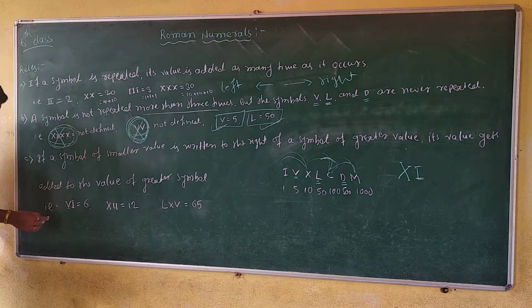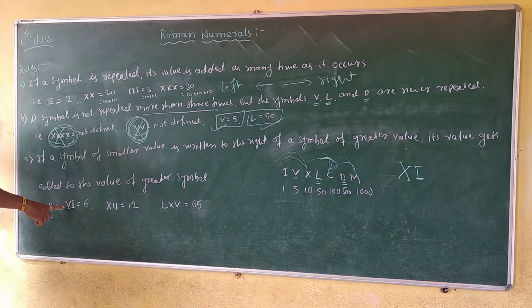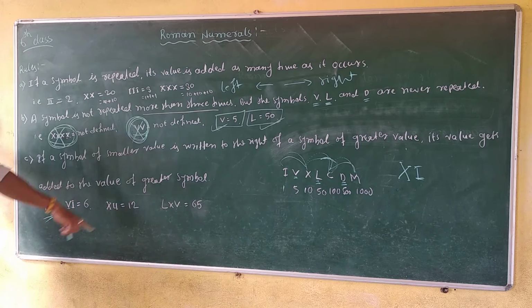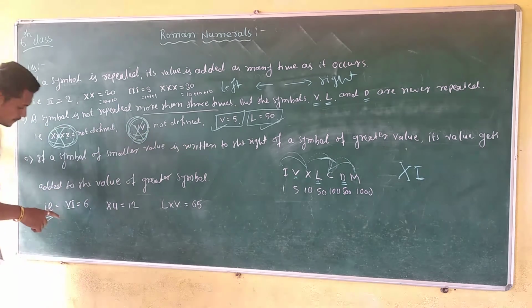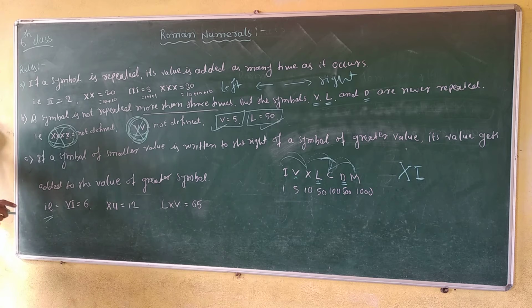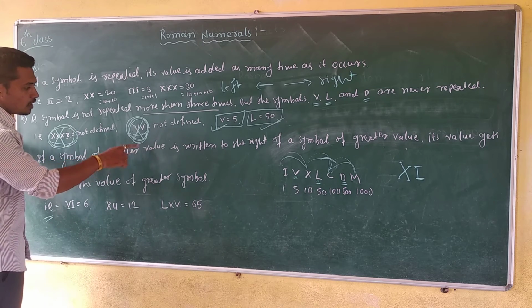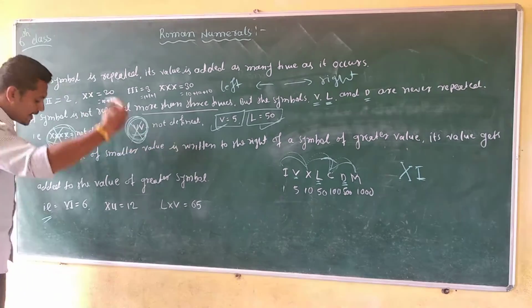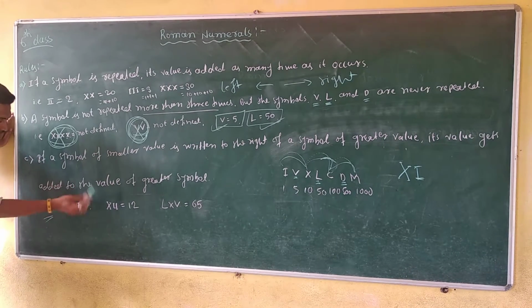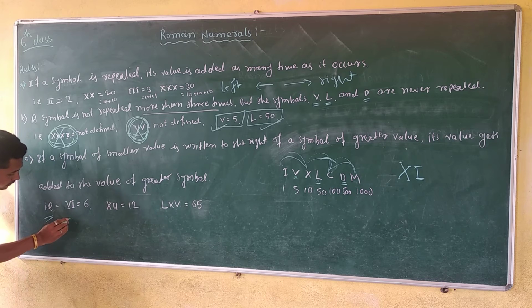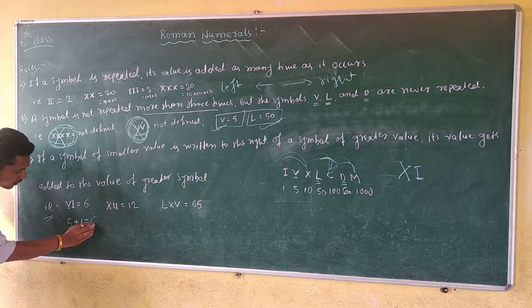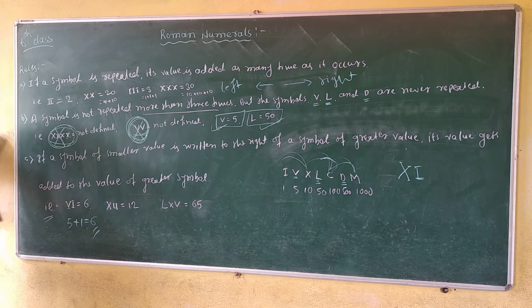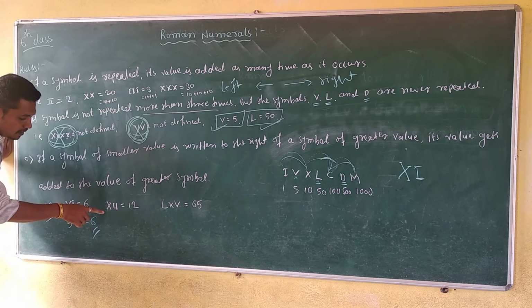For example, VI: the V symbol value is 5 and the I symbol value is 1, so V is greater than I. The rule says the smaller value is written to the right hand side, so I is on the right hand side of the V. Therefore 5 plus 1 is equal to 6.